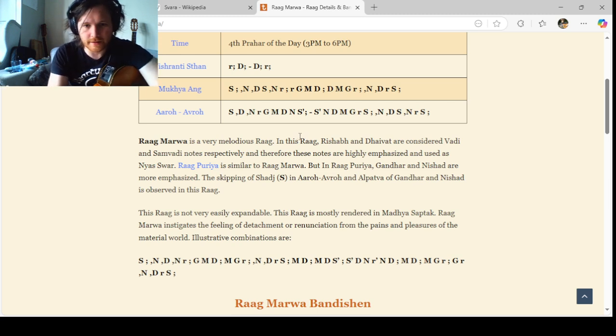We're going to find out that this is not what this rock sounds like very soon, but it does sound nice in a major. Skipping in Aro Avro and Alpatva of Gandhar and Nishad is observed in this rag. Okay. I don't know what Alpatva is, but again, Gandhar and Nishad are notes.